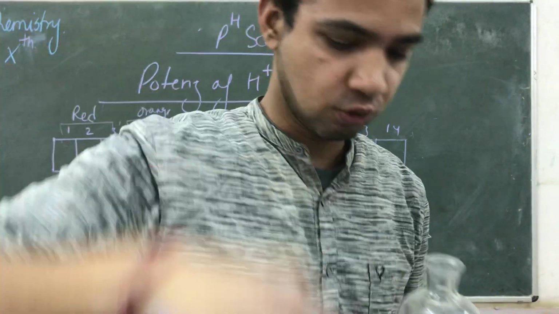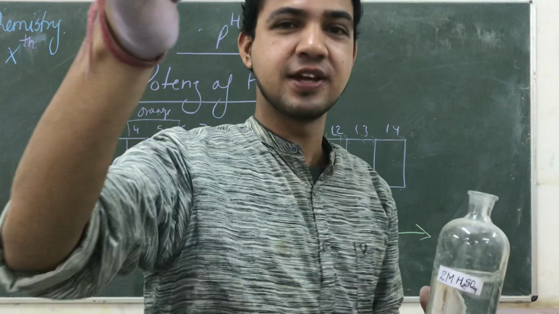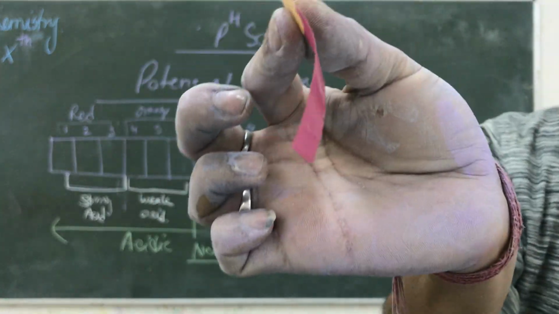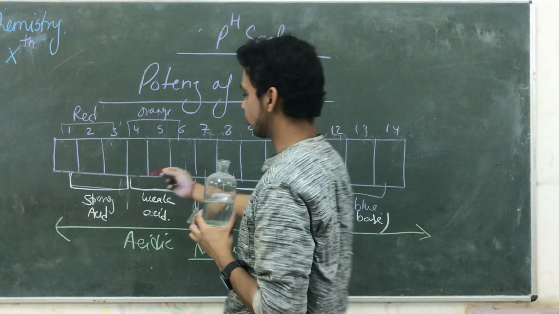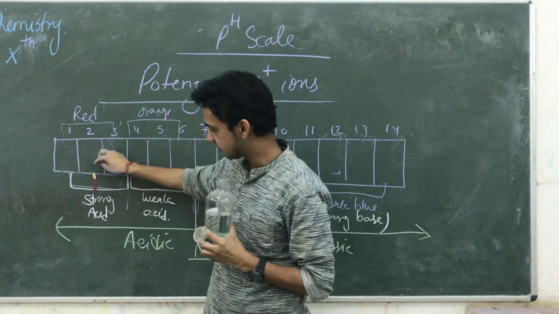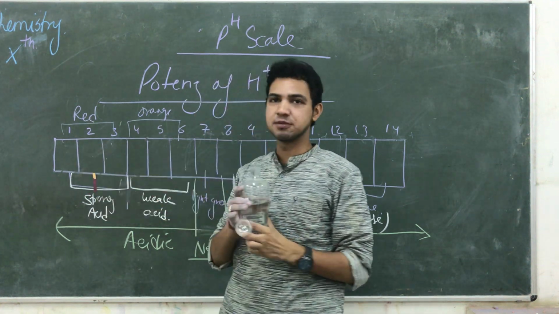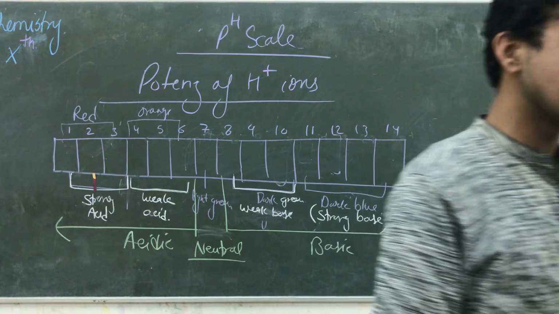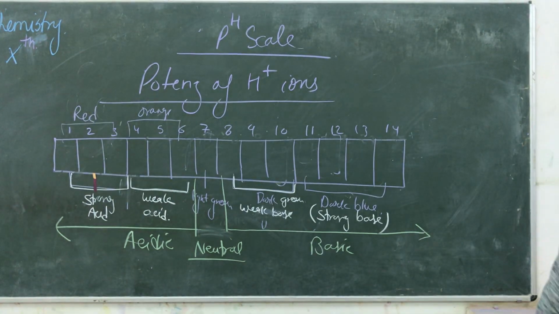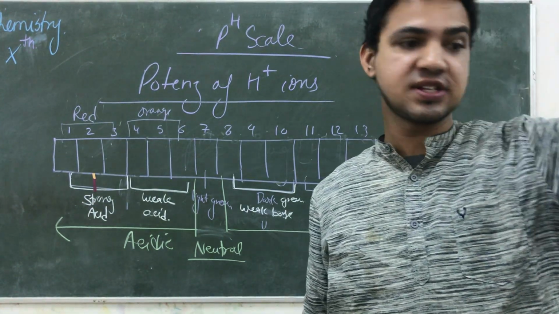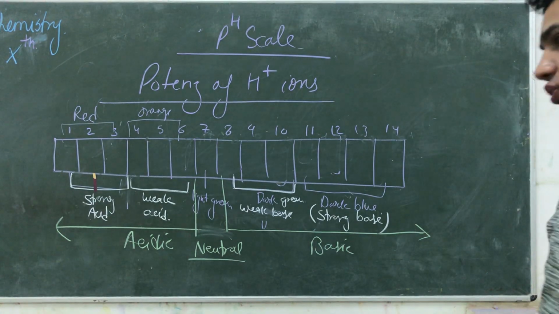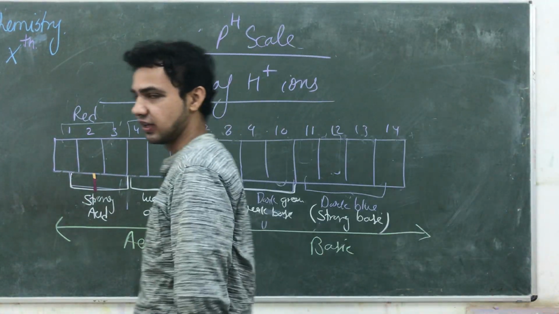See, its color is red. If its color is intense red, it belongs to this area, with a value lying between 1 to 3. So it means the nature of this acid is highly acidic. That's why sulfuric acid is known as a strong acid.